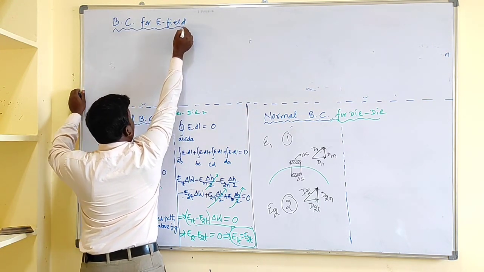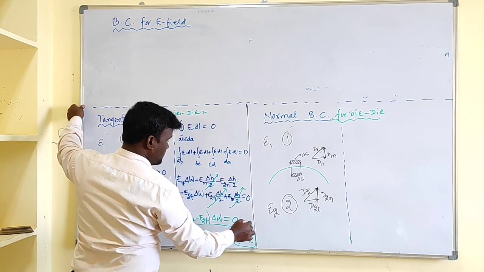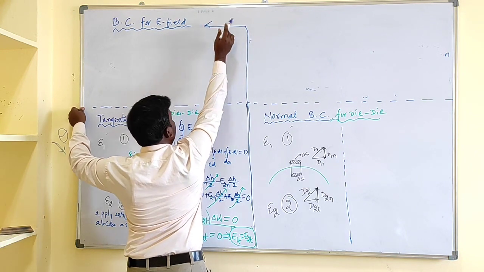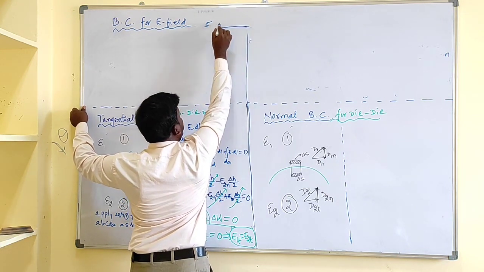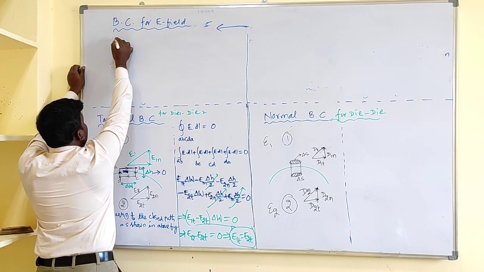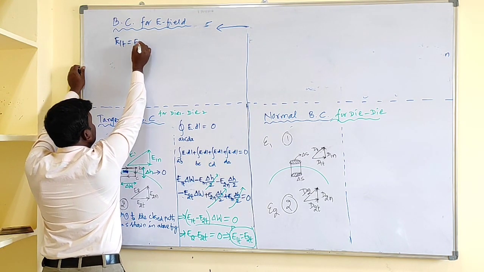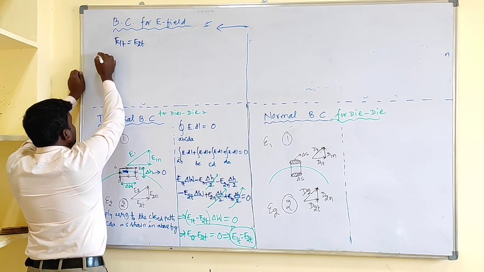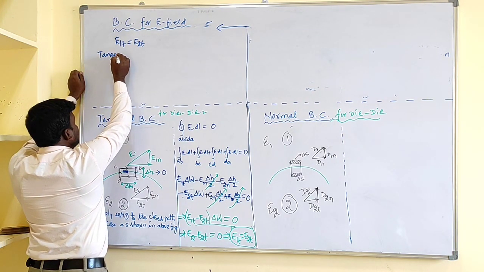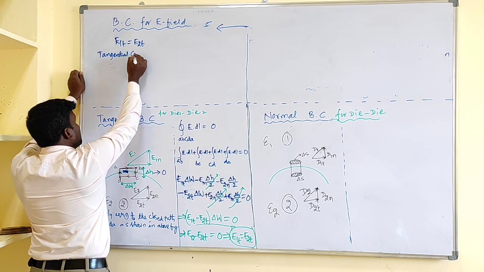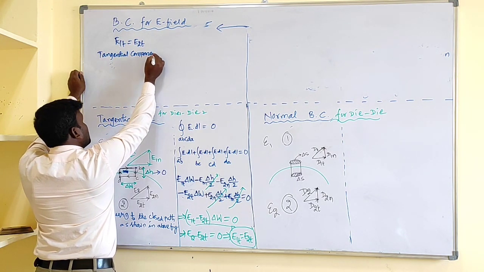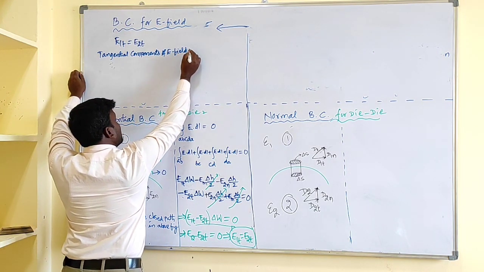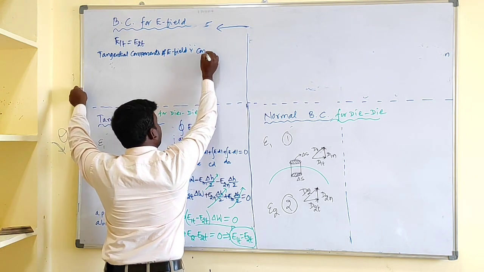What we have derived from this: E1t is equal to E2t means what? Tangential components of electric field are continuous across the boundary.